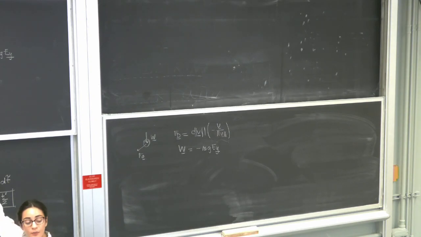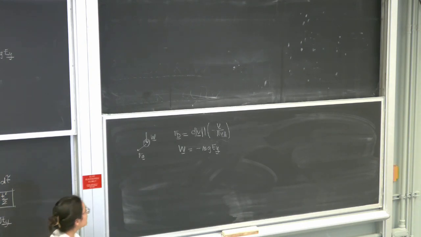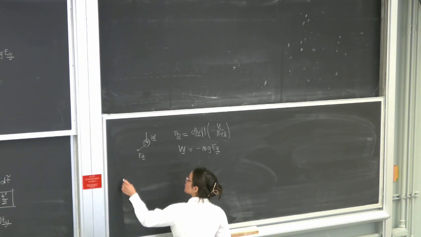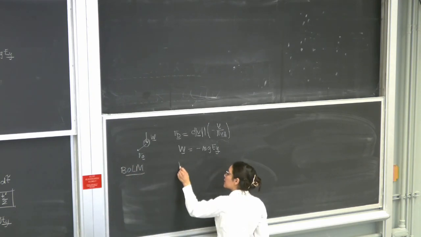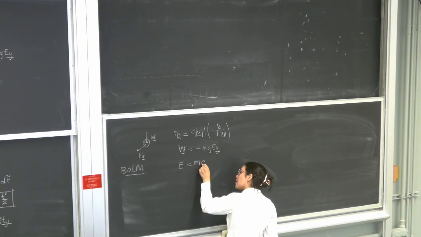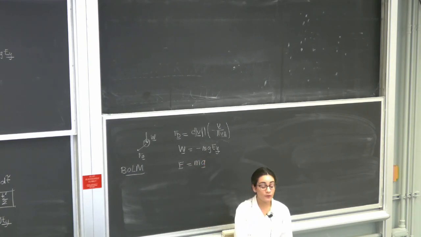Before writing the scalar components of the balance law, we need to write the balance law, right? Newton's second law, or earlier first law, the balance of linear momentum. F equals ma. And before I do any projections, I will write the full vector equation of the balance law.